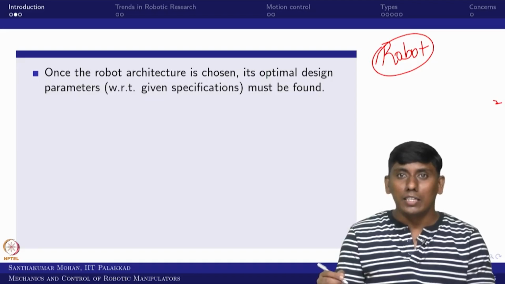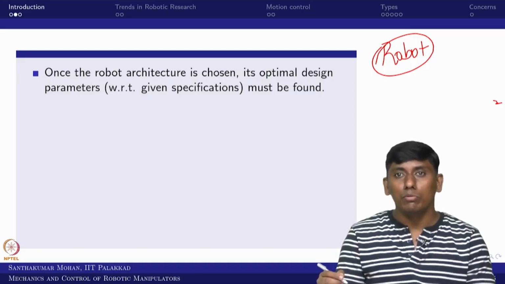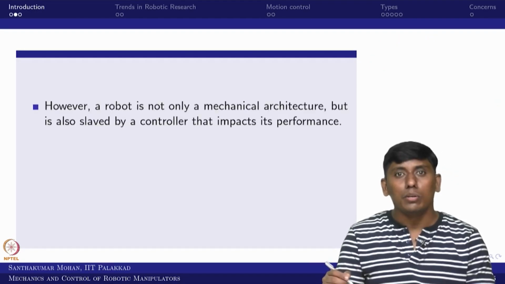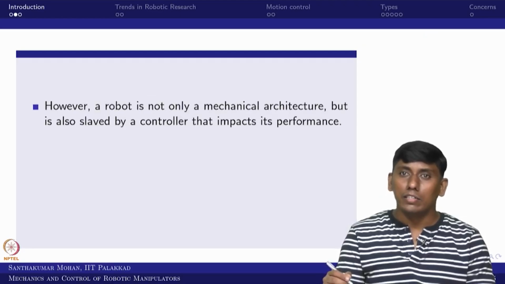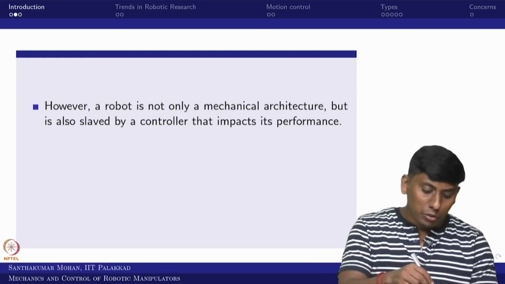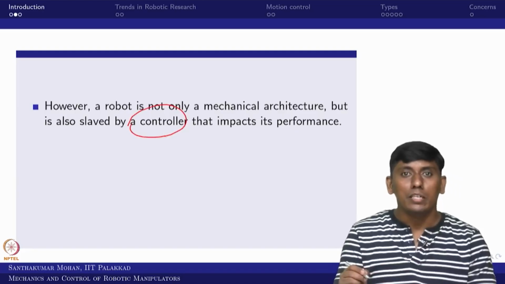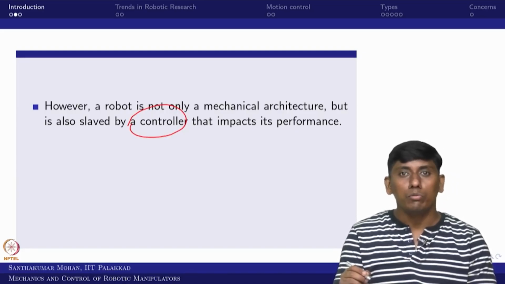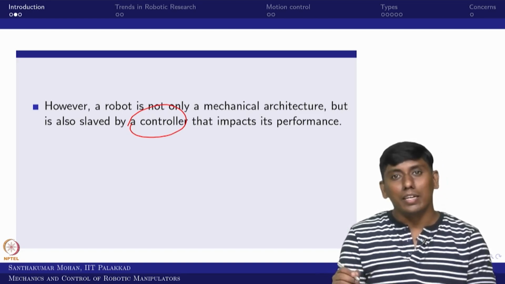Once the architecture is chosen, we do the detailed design of the manipulator, but that is not sufficient, because the mechanical architecture is not the only thing that impacts the performance. The controller also impacts the performance. So we have to see how to do motion control, or control generally.